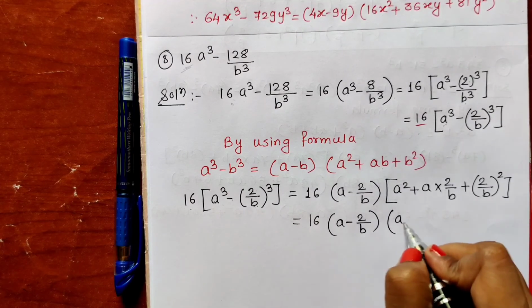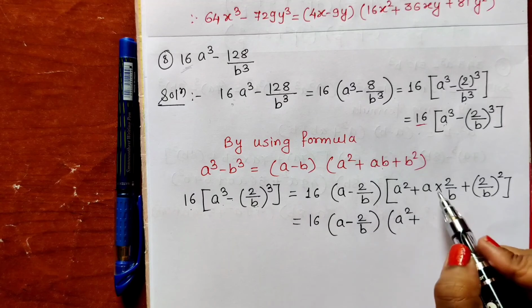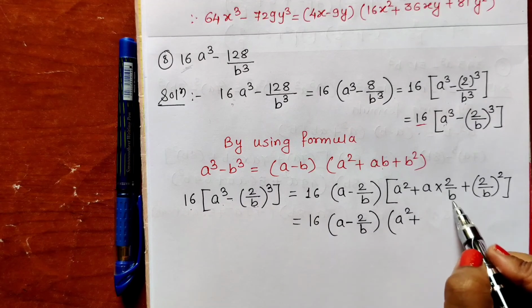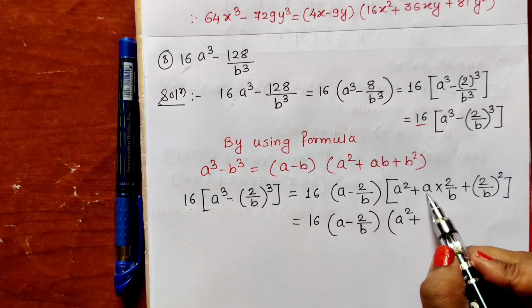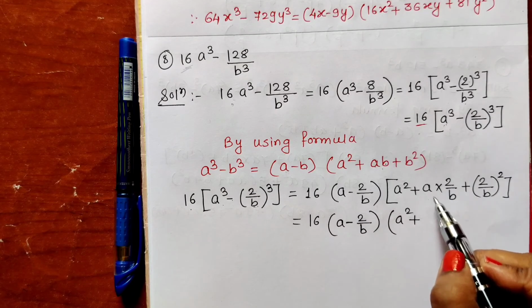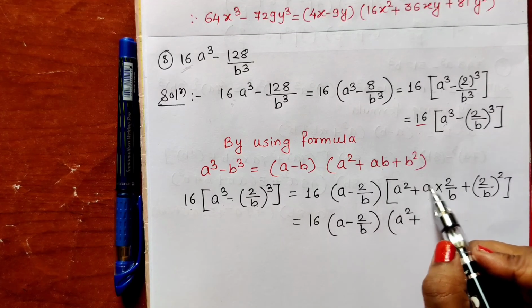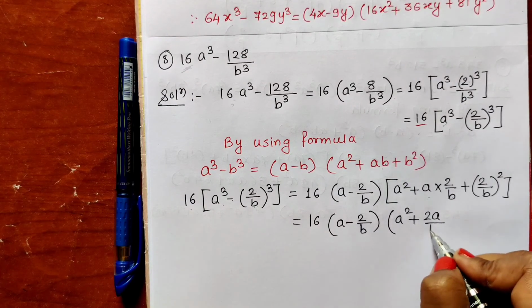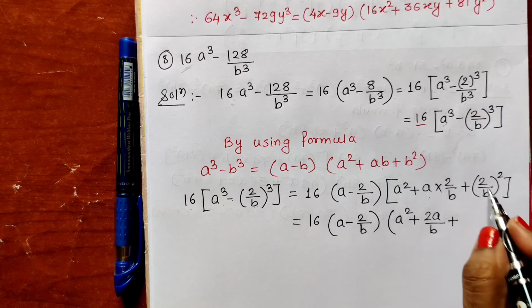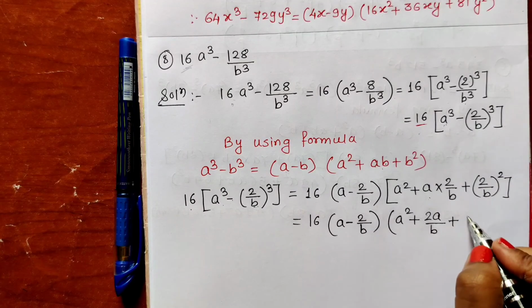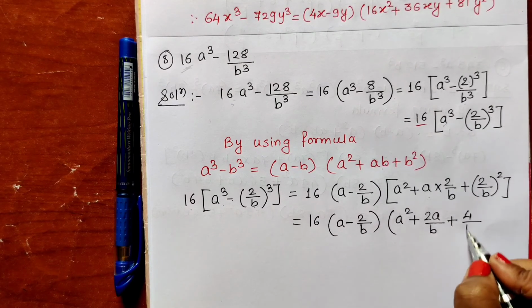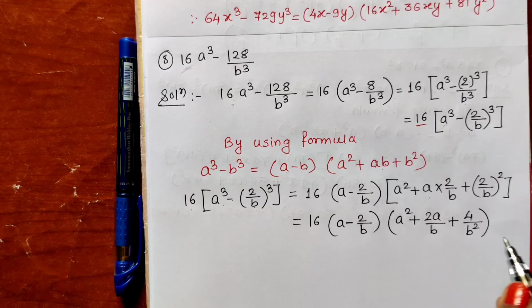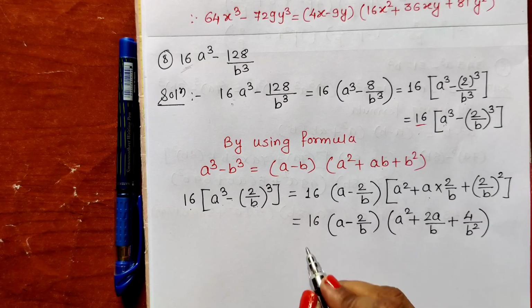Second bracket: a square plus, now multiply a into 2 upon b, that means numerator with numerator, denominator with denominator. In the denominator of a, 1 is there. So a into 2 is 2a plus 1 into b is b, plus 2 square upon b square. 2 square is 4, square of b is b square. So nothing can be taken out common now. This is our answer.